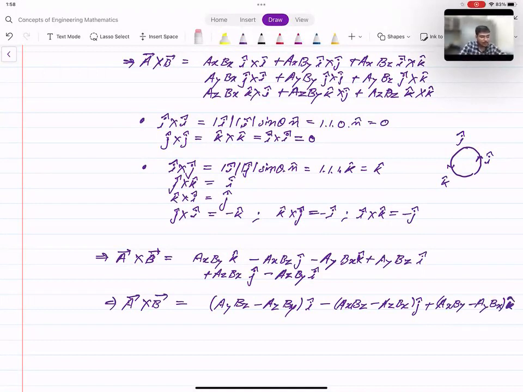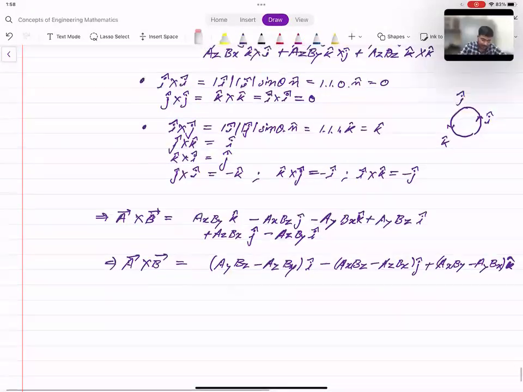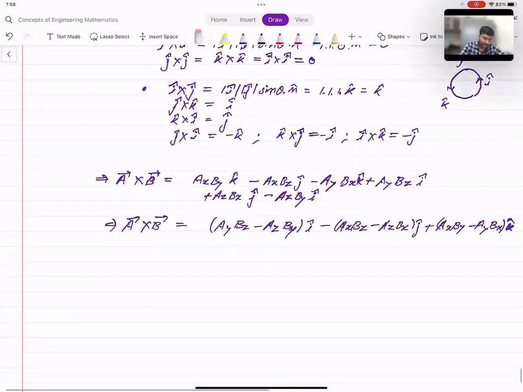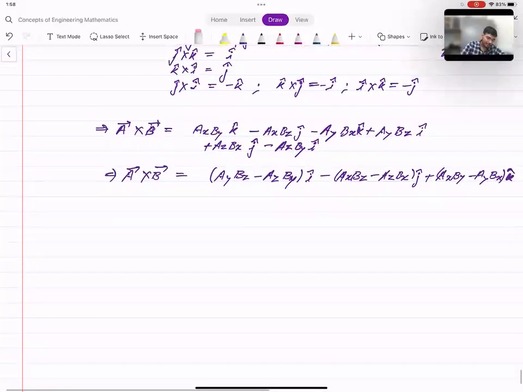So now if we observe it carefully, this is nothing but the determinant formed by i, j, k and ax, ay, az and bx, by, bz. So we will now revert it back to the determinant form.